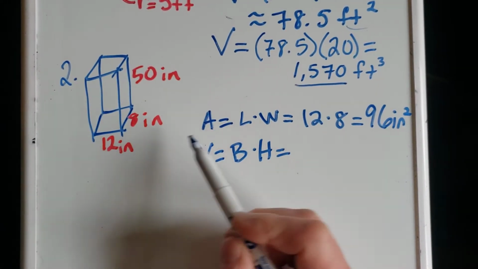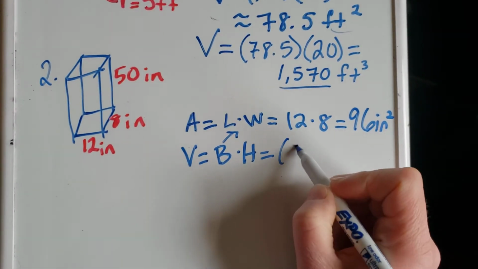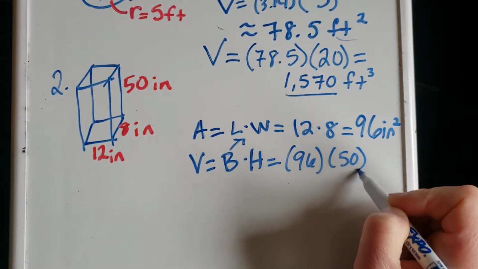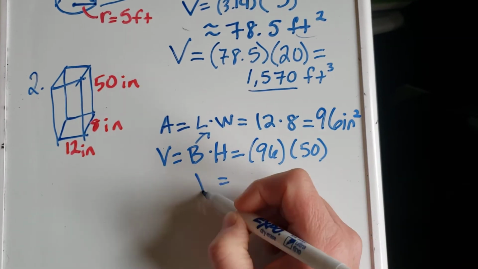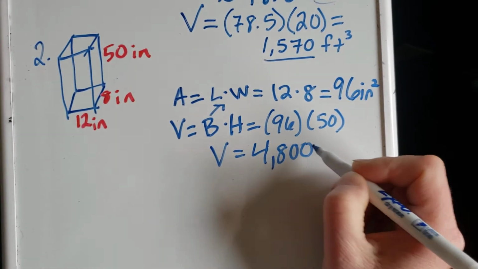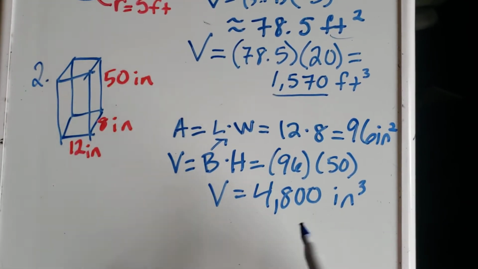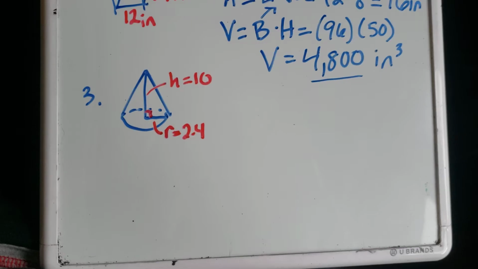So in this case, the area of the base is the 96, and the height is 50. So that gives us a volume of 4,800, and again, your unit would be cubic inches because it's cubed, but the value you'd put into the Blackboard homework would be the 4,800.